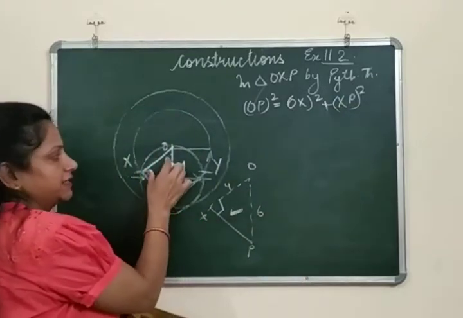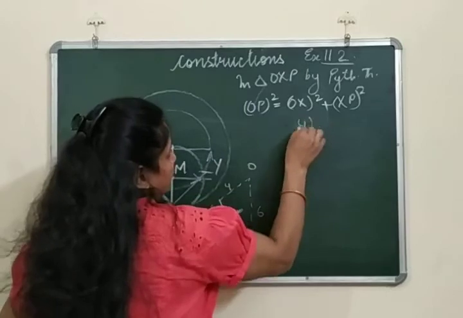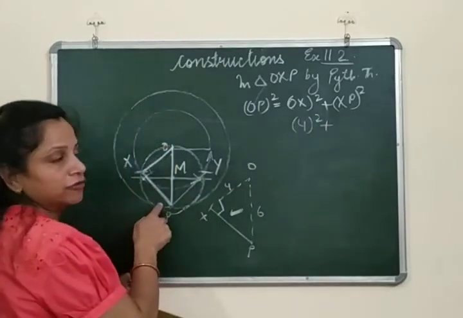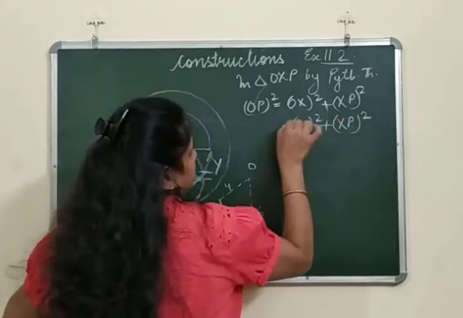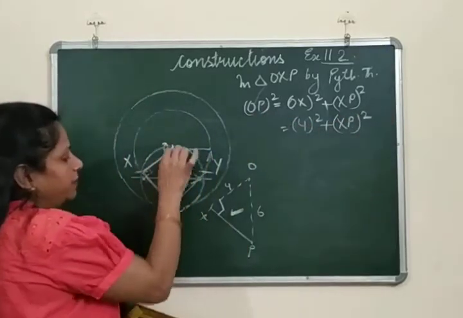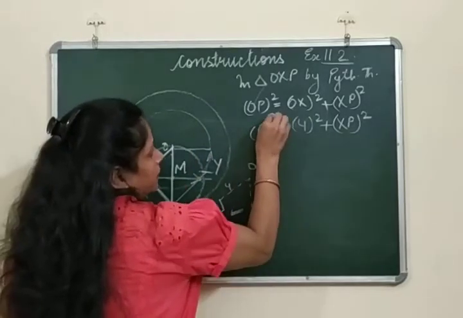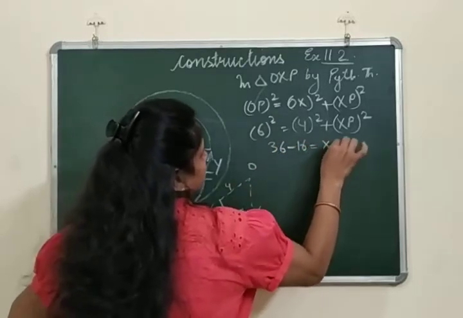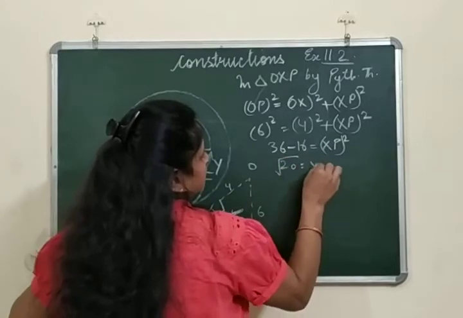Now OX is the radius of the smaller circle, so this is 4 square plus XP. XP is the length of the tangent that you have to find, so let it be XP square only. OP is the radius of the bigger circle, so it will be 6 square. Now 36 minus 16 is equal to XP square. This is 20. Under root of 20 is XP.